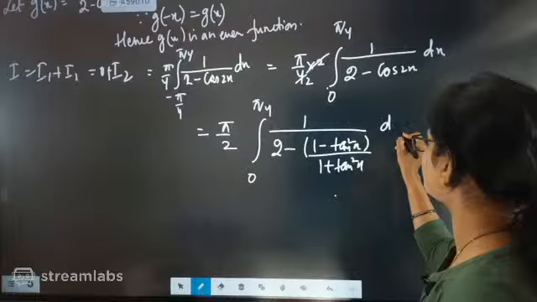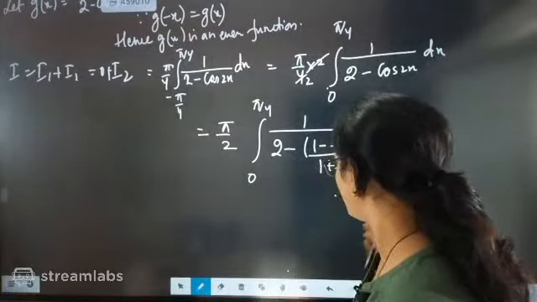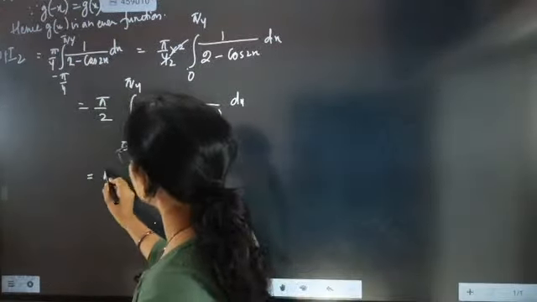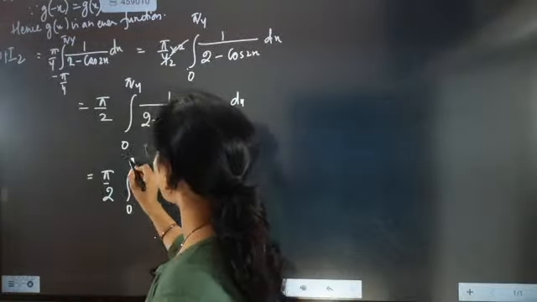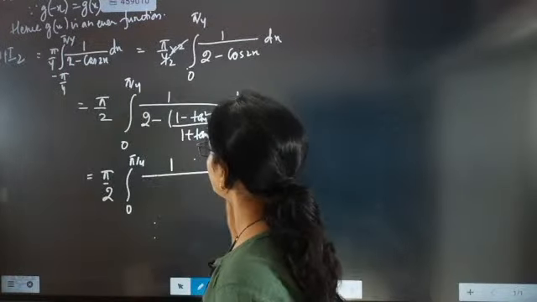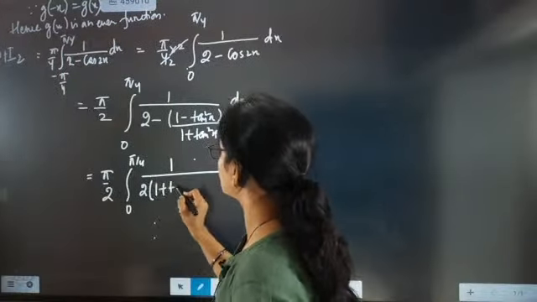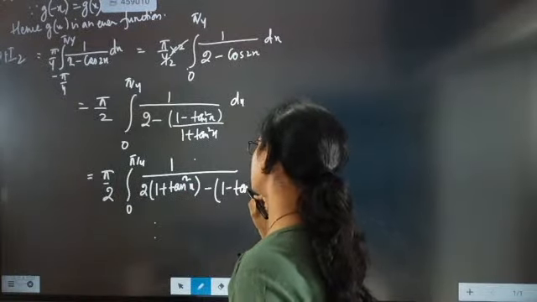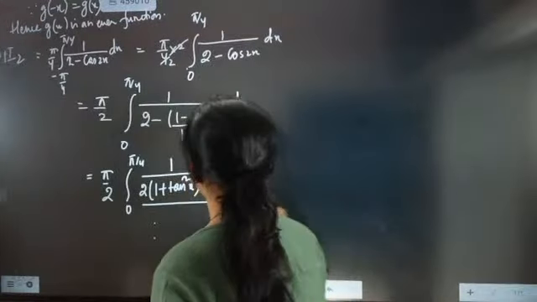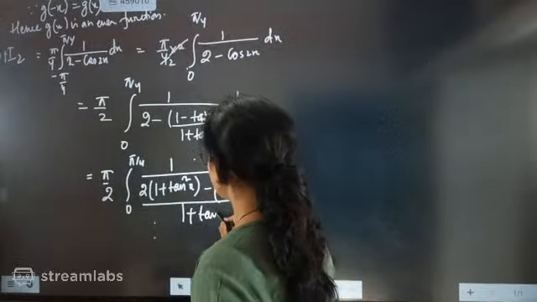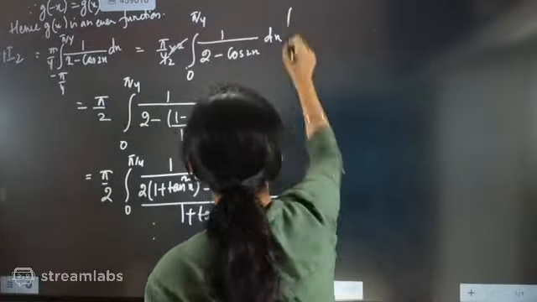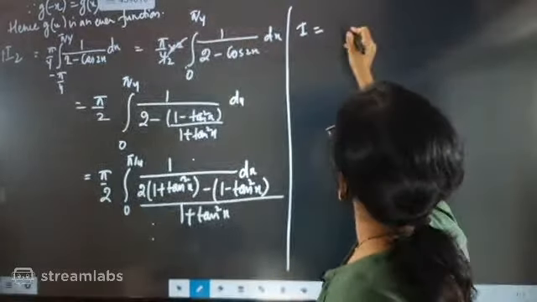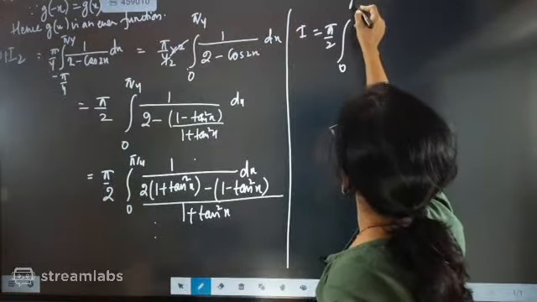So what I am seeing here is, I am just going to take LCM. The moment I take LCM, I will be getting pi by 2, 0 to pi by 4. Now this one will become 1 by 2, 1 plus sine square x minus 1 minus... so directly go for it, pi by 2, 0 to pi by 4.